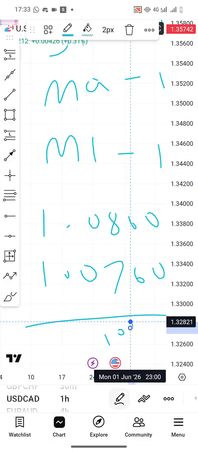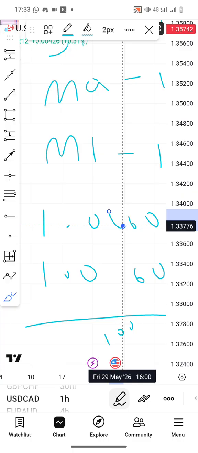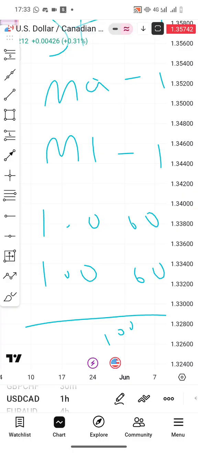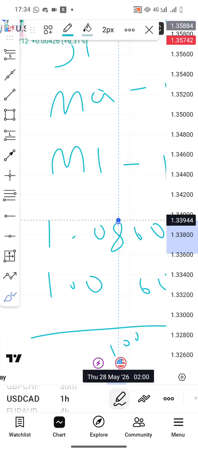So what if right now we are in, let's say, 1.008, then we move to 1.09.